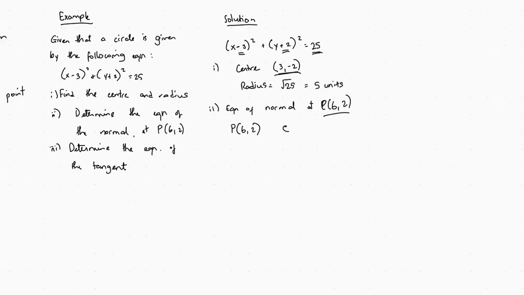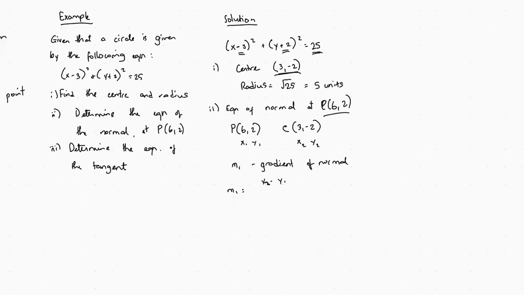We label these x1, y1 and x2, y2. So m1, which is the gradient of the normal, is what we will find first. m1 is equal to y2 minus y1, which is your rise, over x2 minus x1, which is our run.